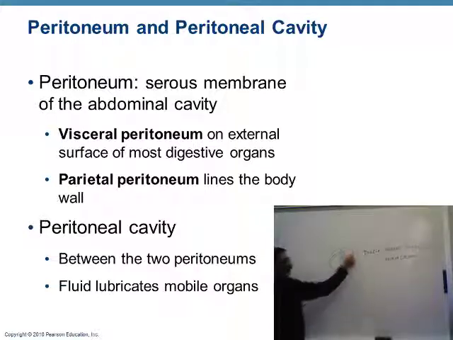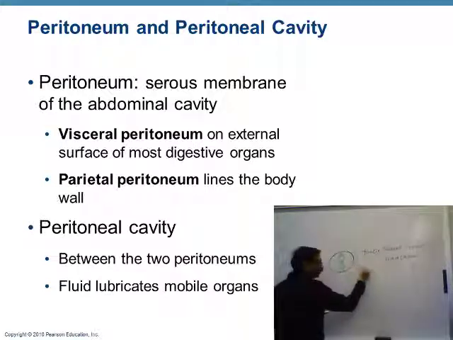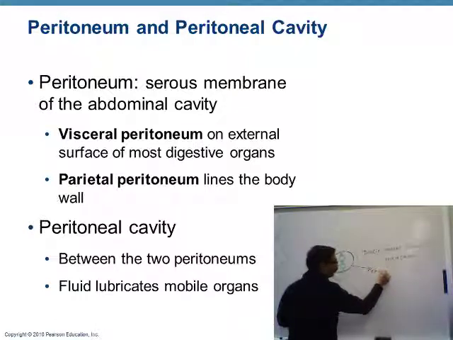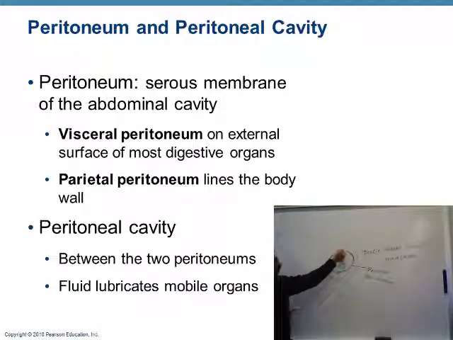Okay? So you see the layer that is attached to the body wall is called parietal peritoneum, and the one that goes inside the cavity and covers abdominal organs is called visceral peritoneum.